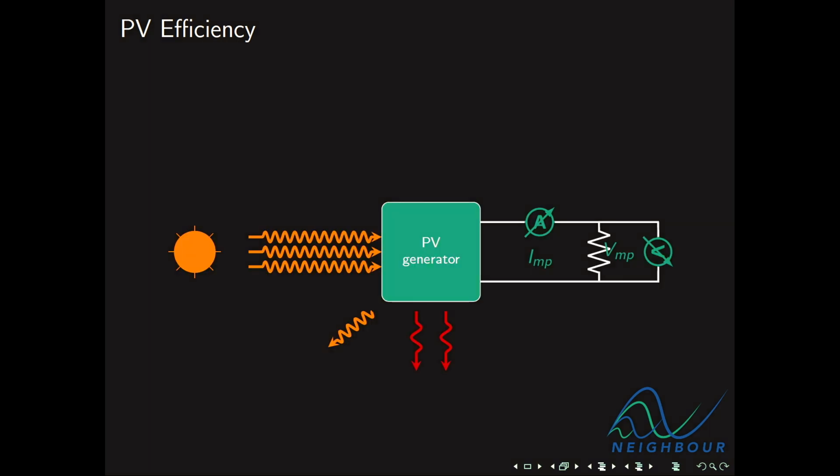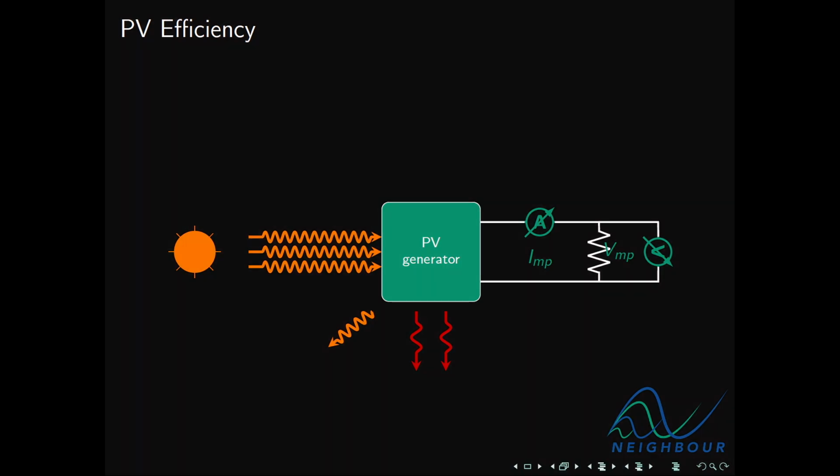So, like I said, a PV generator receives light at 1,000 watts per meter squared, some of which gets reflected, some of which gets converted into heat. For the sake of reporting PV efficiency, we assume that the module or the generator is at standard conditions, and we also assume that the generator is operating at the maximum power point. So it's operating at capacity.